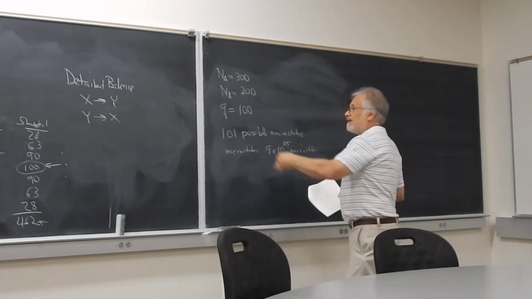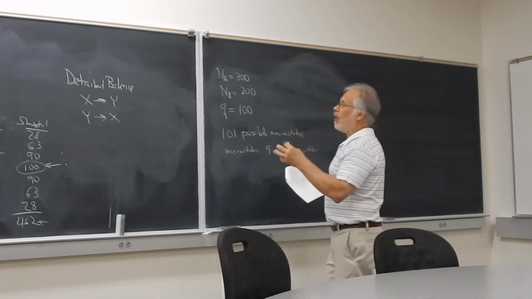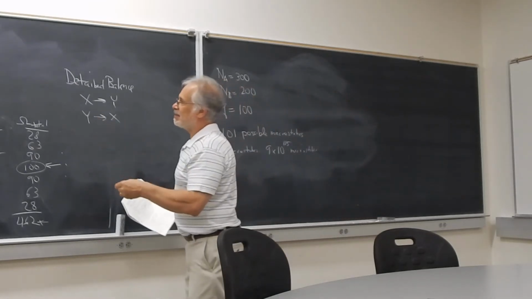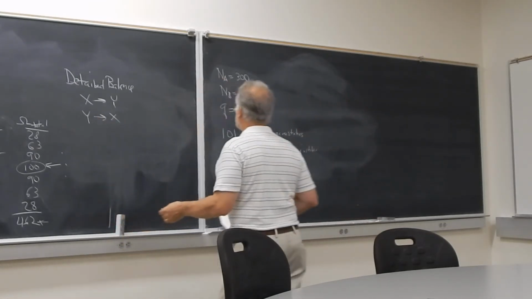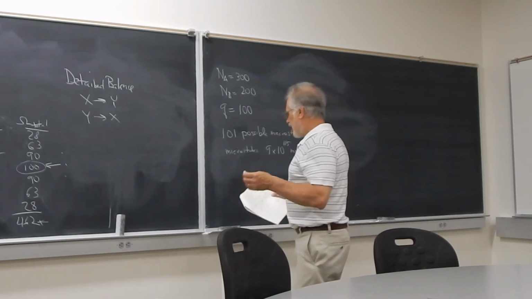Now, if I look at the macro states that result from this, let's say that all of the energy were in system B, and A had 0 energy. So that's one of the least likely cases to occur.